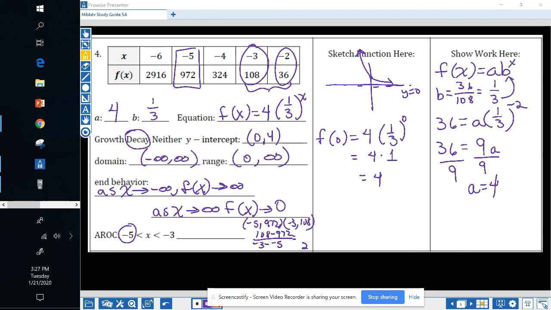I have a positive 2 on the bottom. And then I'm going to calculate and get a negative here. 972 minus 108 is going to give me 864. And then 2 can go into that. And that is our A-rock.